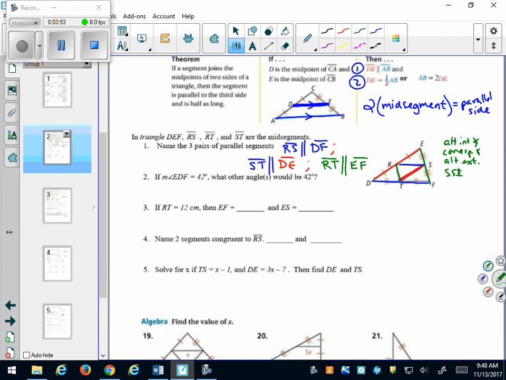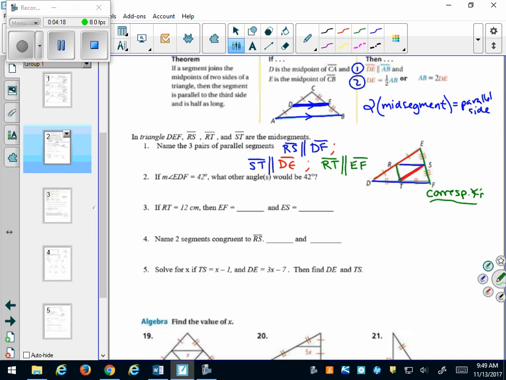Well, in this particular case, we're really going to be looking for corresponding angles. Corresponding angles are going to help us here to solve for different angles, because we really don't have any of those other relationships happening. Well, actually we do have some alternate interiors, etc., but mostly corresponding.